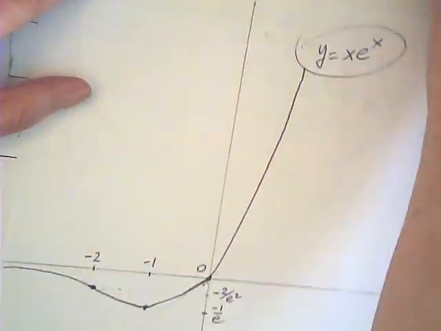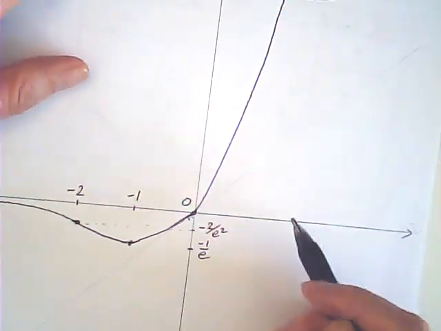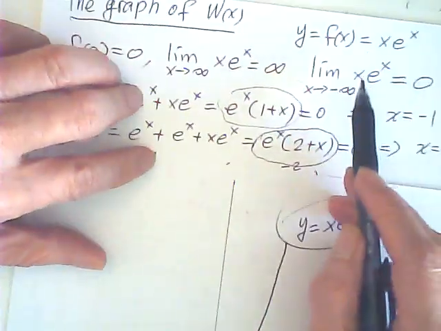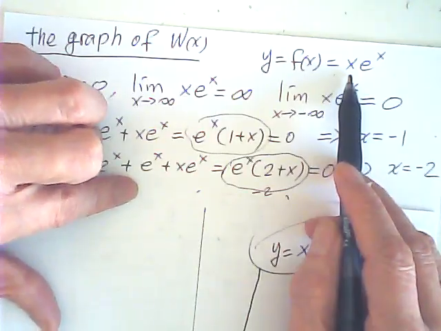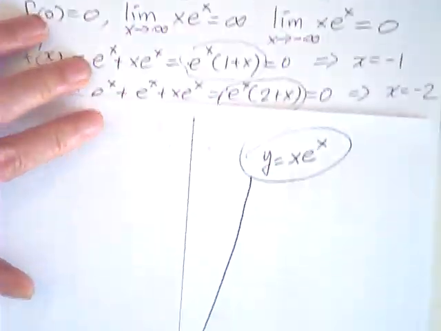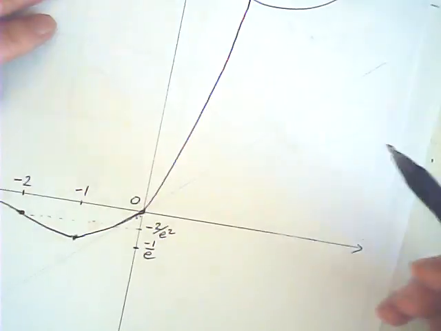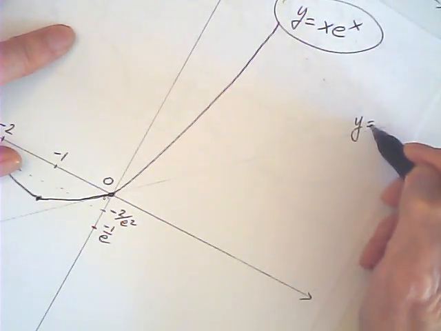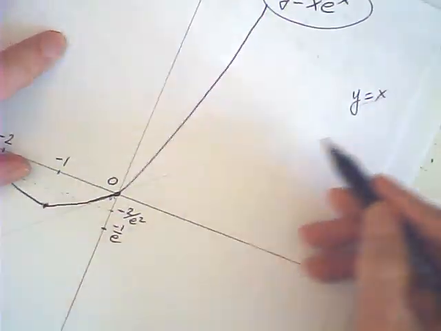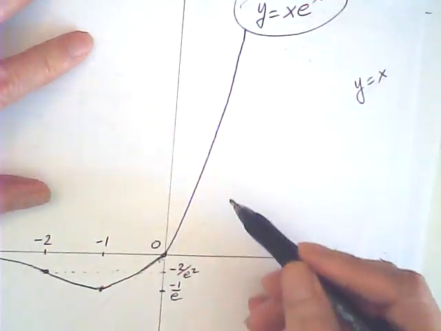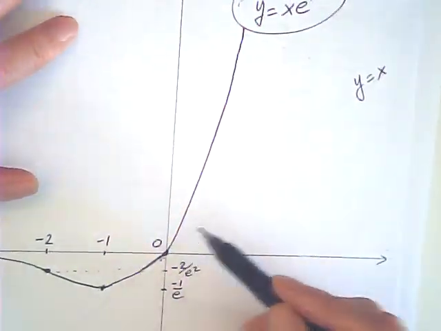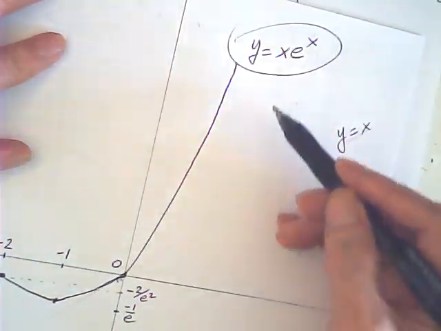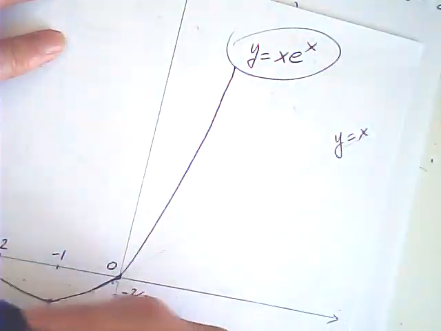Now we can sketch the inverse of this function. So we get the W function graph. To sketch the inverse, we draw this line, y equals x. So the inverse function is just the mirror image of this curve.